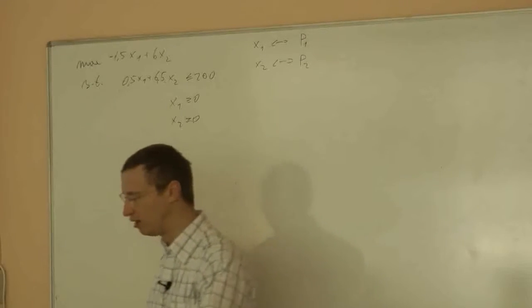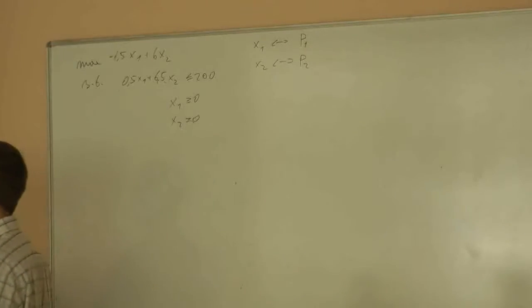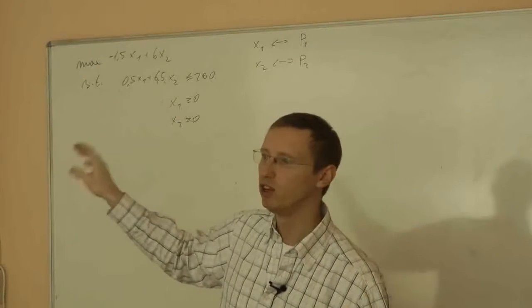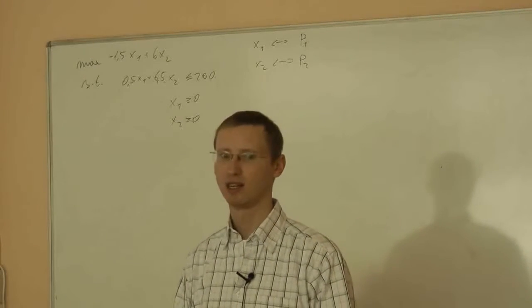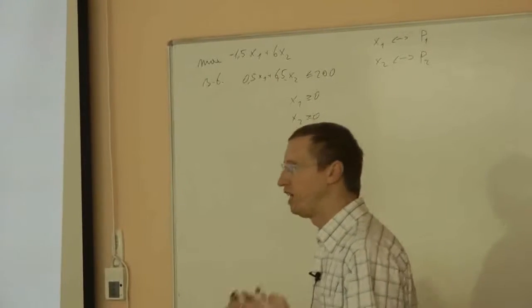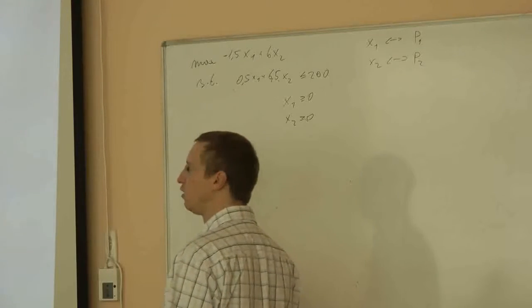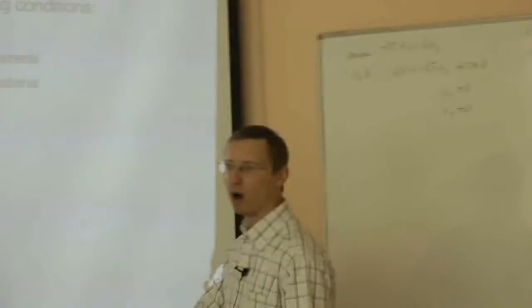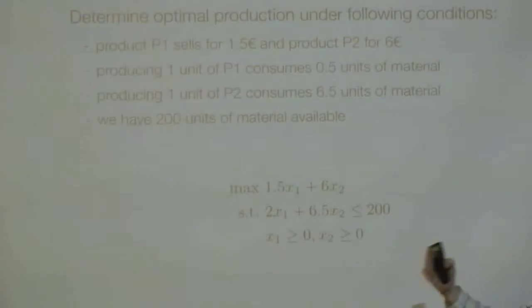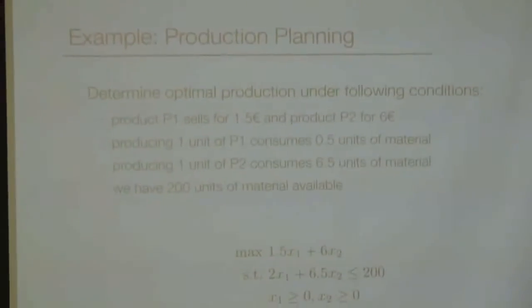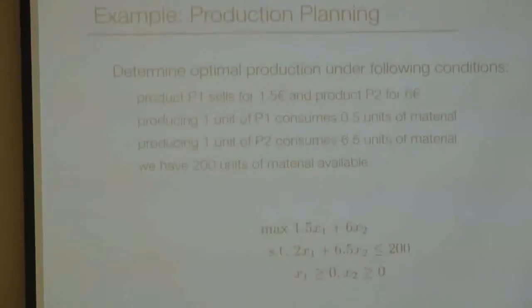So bottom line is, in most economic problems, we also have these non-negative constraints, even though we don't explicitly mention them here. So this is phase number 1 when we want to solve these problems. First, we need to formulate them. Once we formulate them, we convert them to some standard form, and we call a solver which will just return the optimal solution.